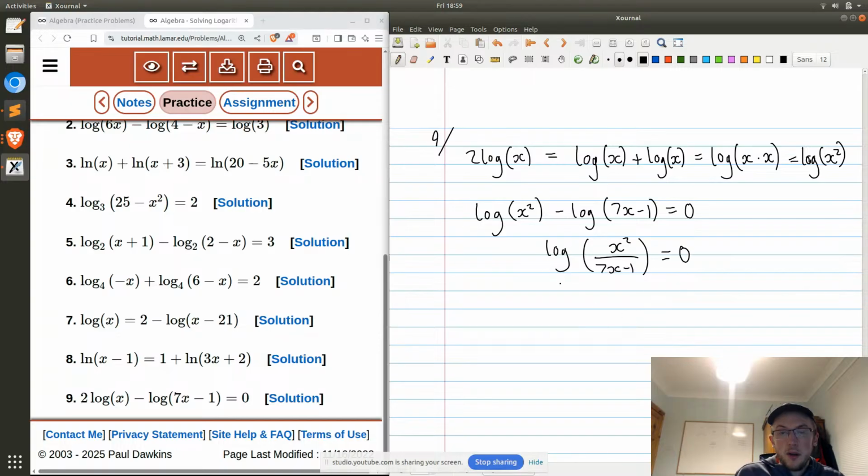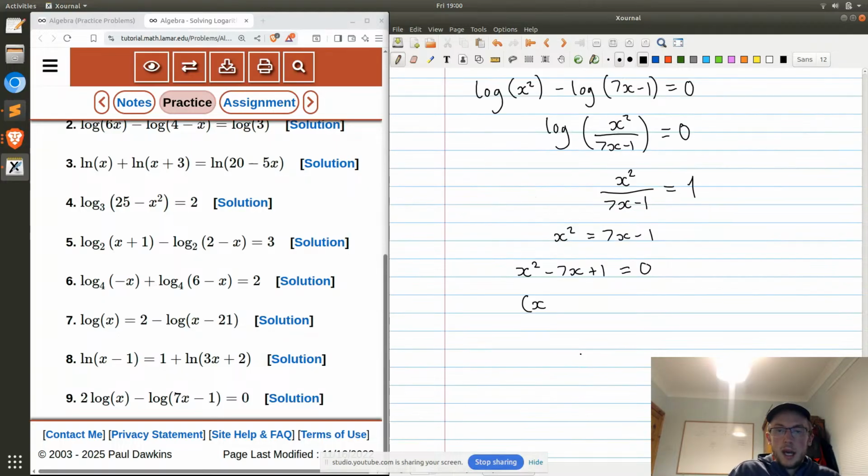Then get rid of the logarithm. But how? Do 10 to the power of both sides. 10 to the power of the left side and 10 to the power of the right side. 10 to the power of the left gets rid of the logarithm. 10 to the power of 0 is 1. And then just solve like normal. Okay, but hold on just a minute now.